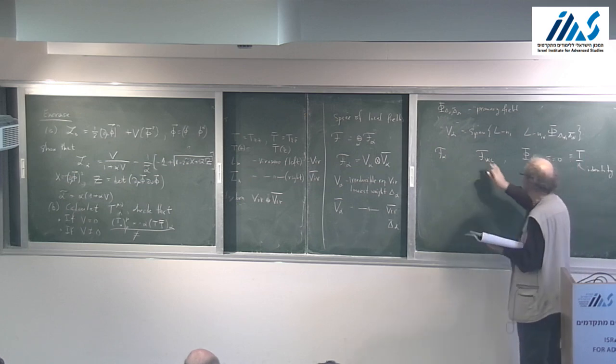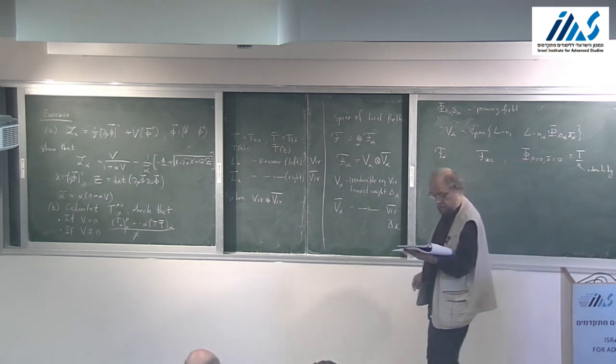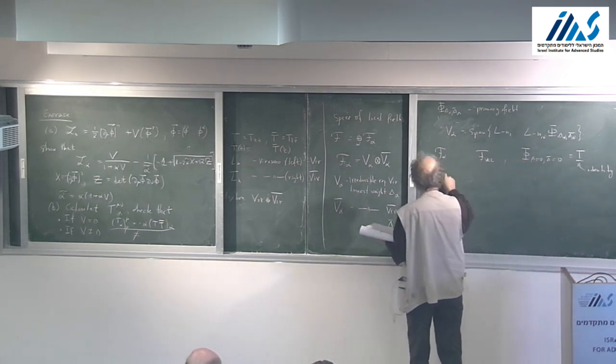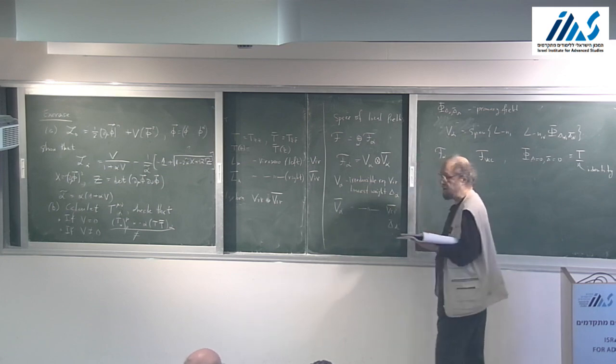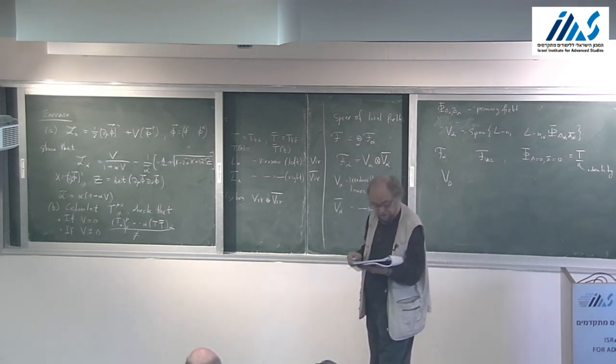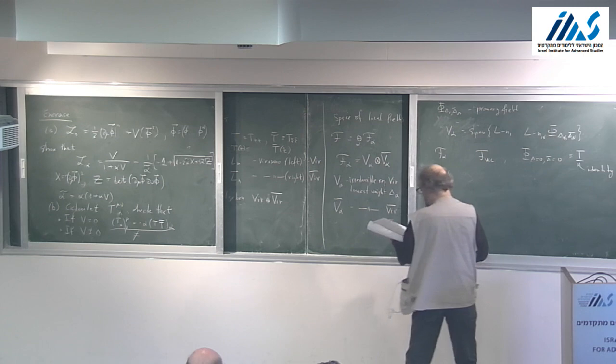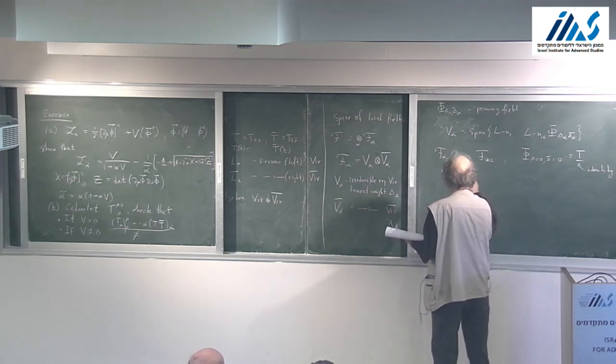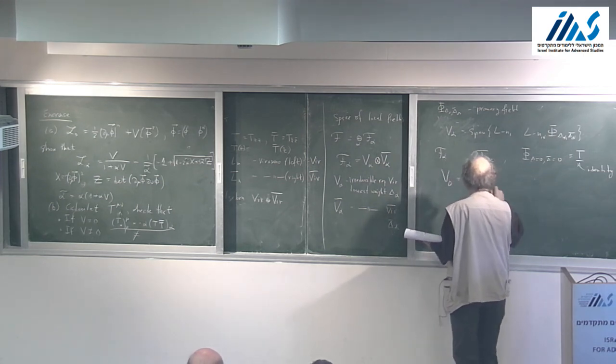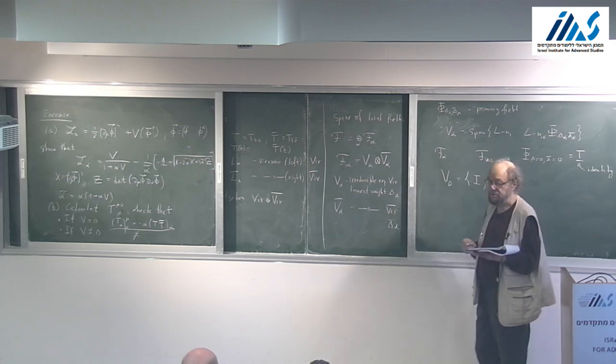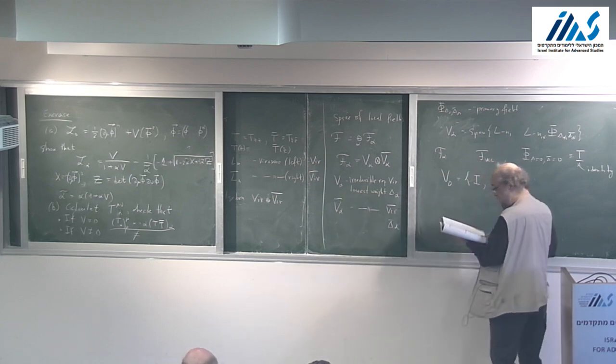So I will call this the vacuum module, and the associated V naught with weight 0 is an irreducible representation. In physical terms, it's spanned by the identity operator and all composite fields built from T and its derivatives.